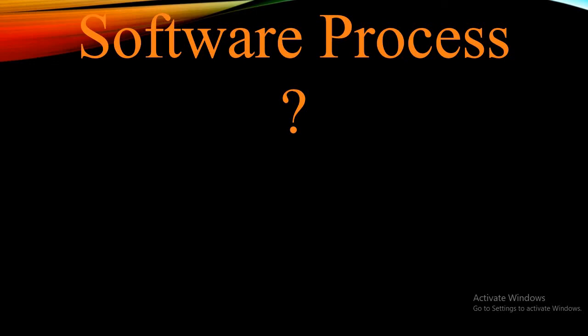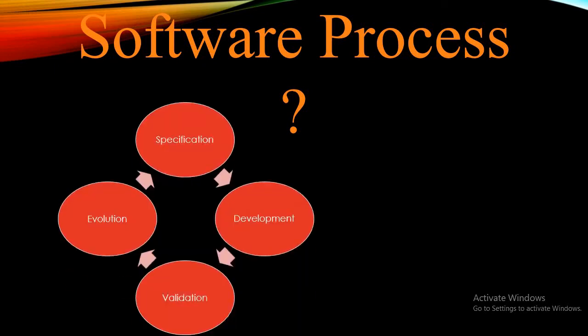Building a software product is actually known as a software process. And this software process is done under the fundamental categories, that is specification, development, validation and evaluation. These are the fundamental types each and every software has to undergo.